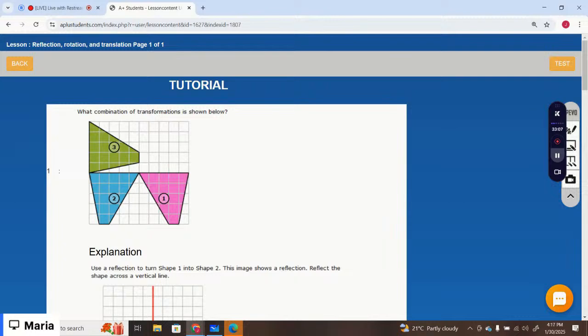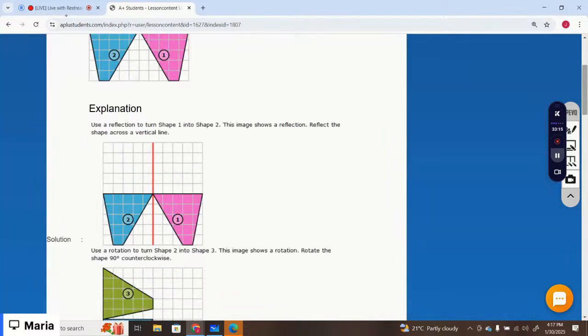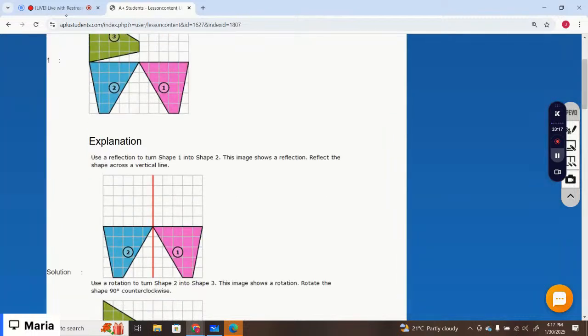What combination of transformations is shown below? Okay, so starting with 1 to 2, 2 is the reflection of 1, that's just the mirror image. If you see the red line, that is just the mirror image of 1.